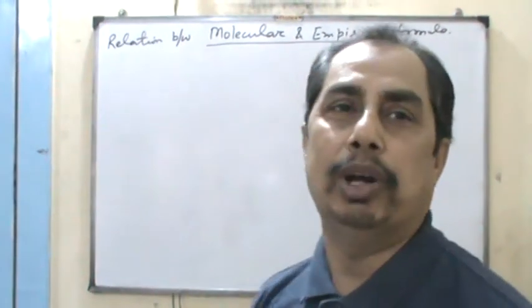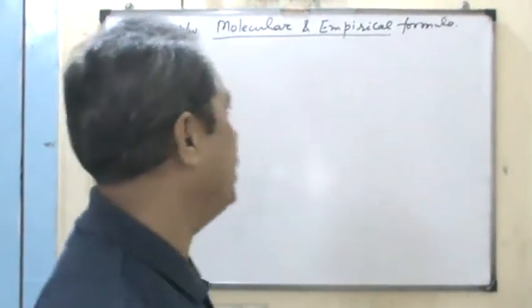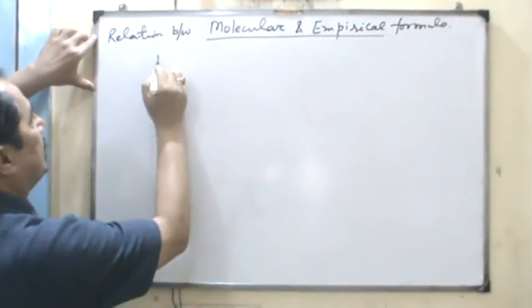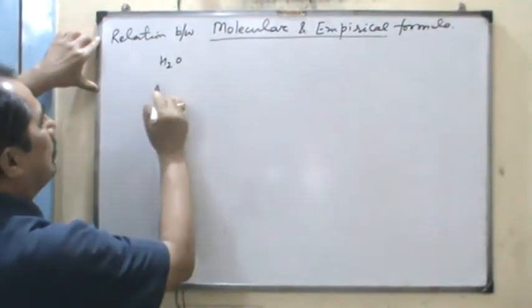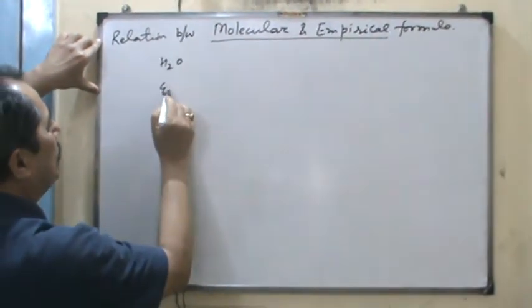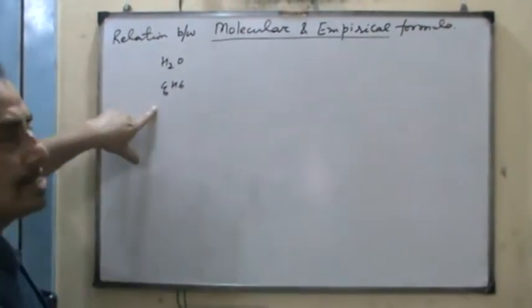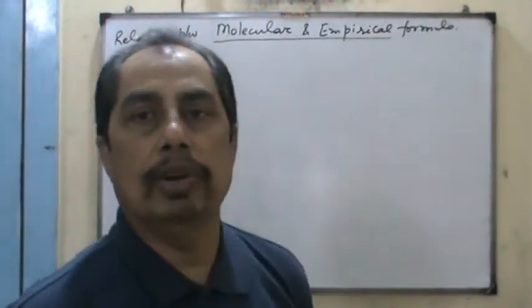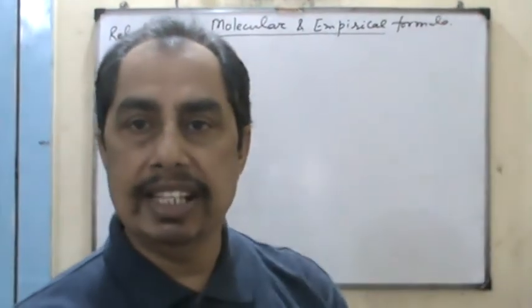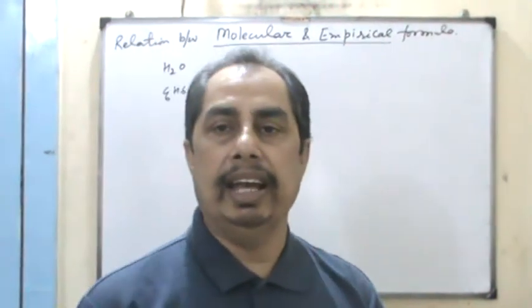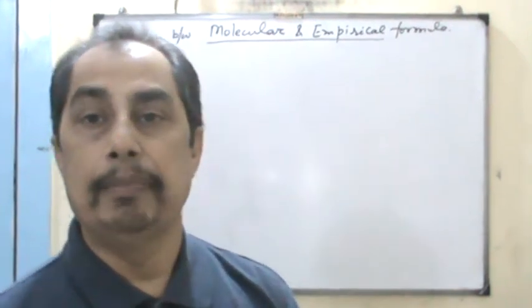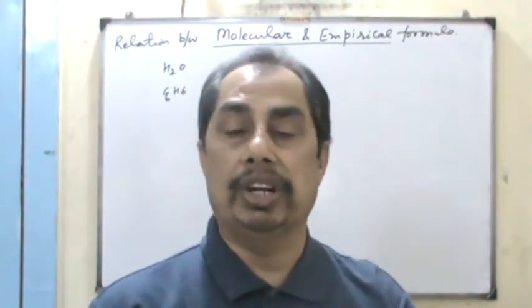Anyone tell me what is molecular formula? If I write here water, right? I write benzene. What is the formula of the benzene? C6H6. So what is the molecular formula? The formula is said to be molecular if the atoms of the various elements give the actual ratio.